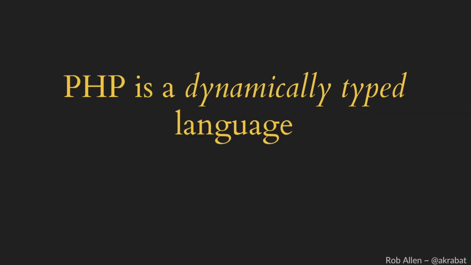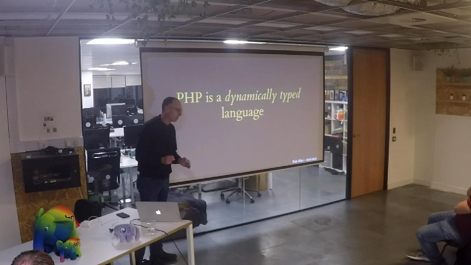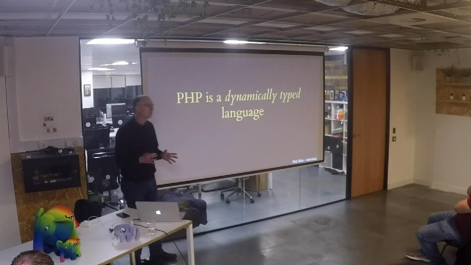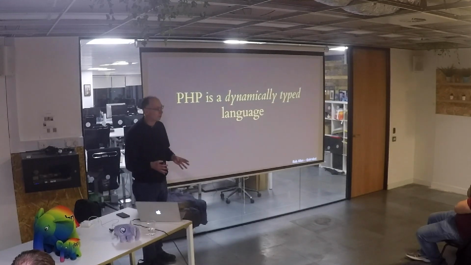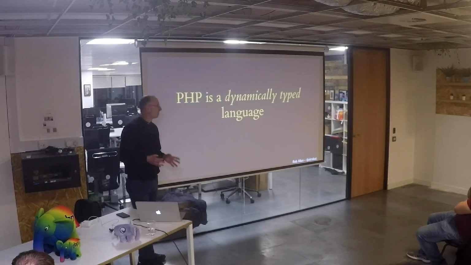All languages are typed in some form or another. Well, all languages that you are likely to program in mainstream are typed in some form or another. Dynamically typed languages are like PHP, Python, Ruby, things like that. Strict type, statically typed languages like C++, Go, Rust, etc. What makes PHP dynamically typed is something called type juggling.